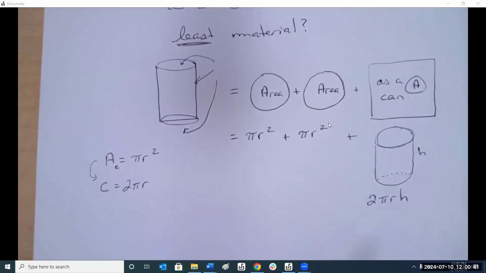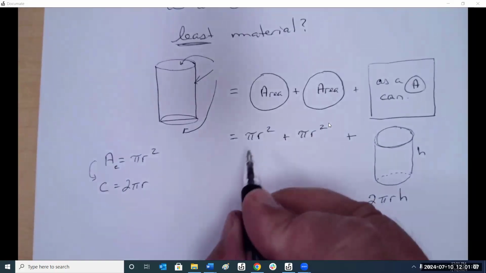Is this going to be a volume or an area? This is important because is our variable going to be squared or is it going to be cubed? Let's see.